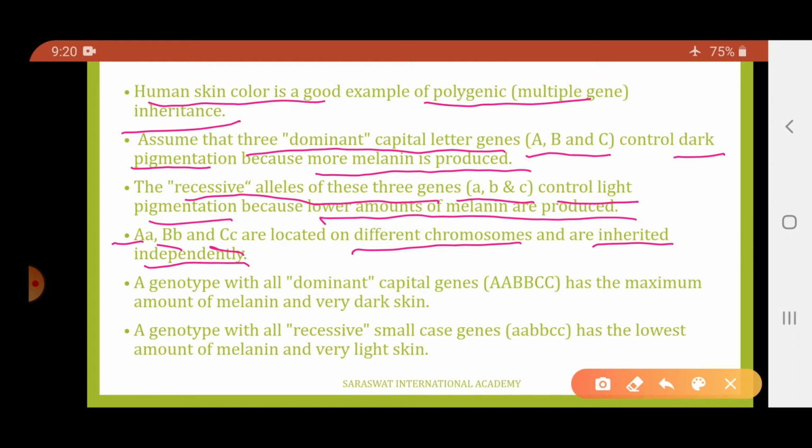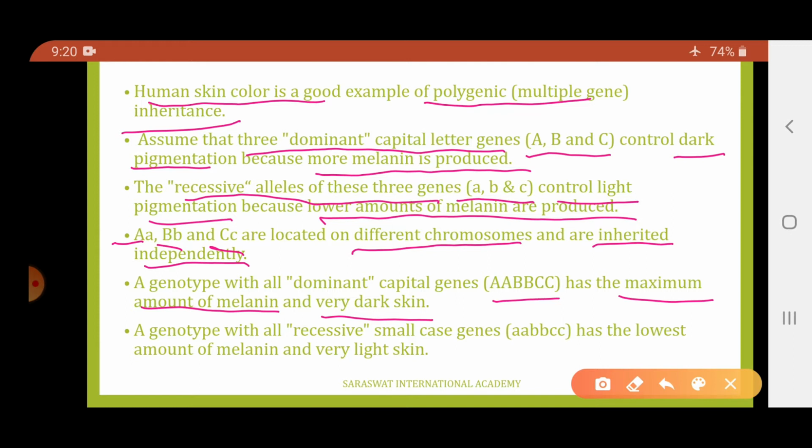Now students, an individual which has a genotype with all the dominant genes, listen very carefully. What will be the genotype of that individual? Capital A, capital A, capital B, capital B, capital C, capital C. In such an individual, there will be the maximum amount of melanin and the skin will be very dark.